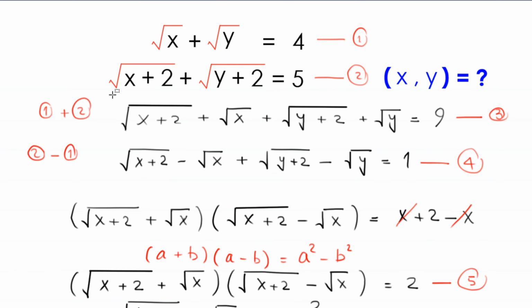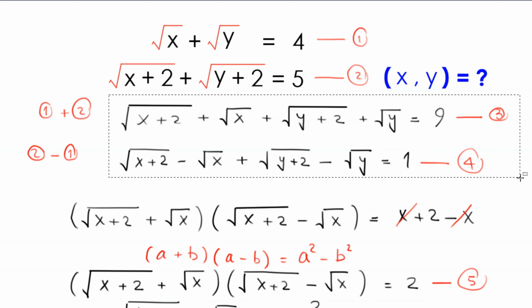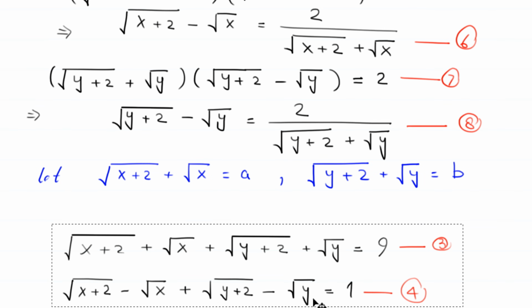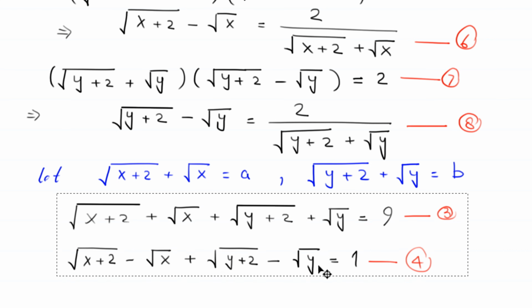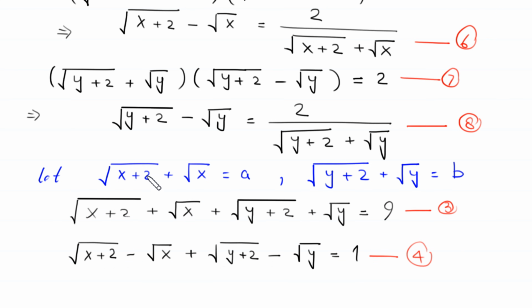We copy these two equations. We have supposed that this expression is equal to a and this is equal to b. So equation number 3 will become a + b = 9.